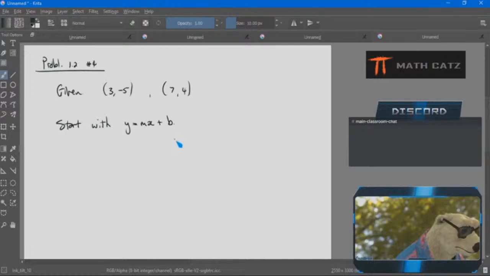So if I start with the slope intercept form, I'm going to have to find the values of m and b. I like to start with the m, so that would be my slope, remembering that it is the change in y over change in x. Sometimes people write delta y over delta x. Maybe you've seen that.